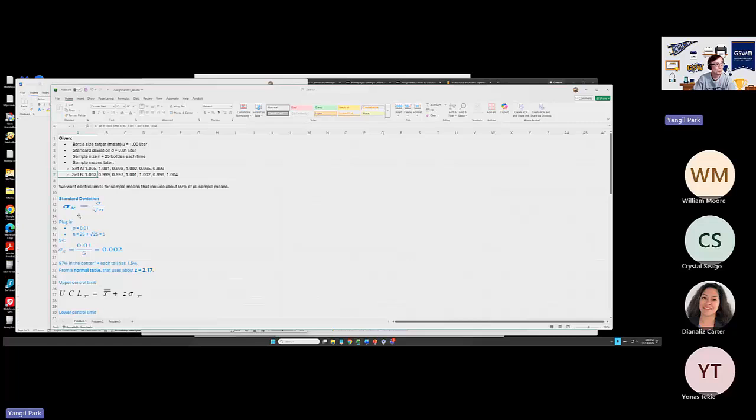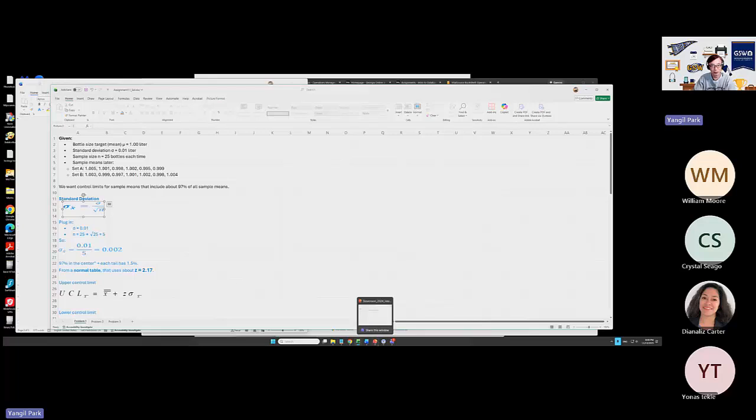In this example, we're going to use the standard deviation for sigma x bar, so that's pretty simple. We just plug in, because the standard deviation is 0.01 and n is 25, and just use the formula.